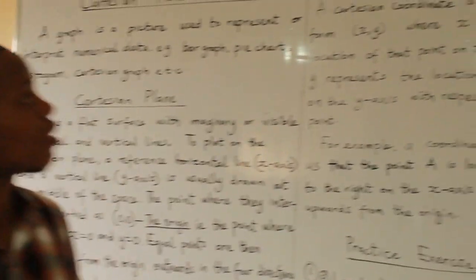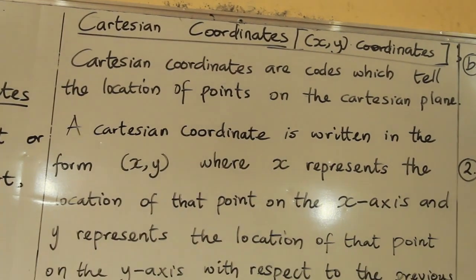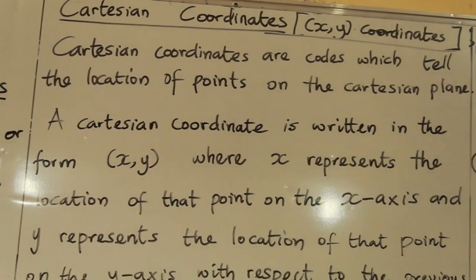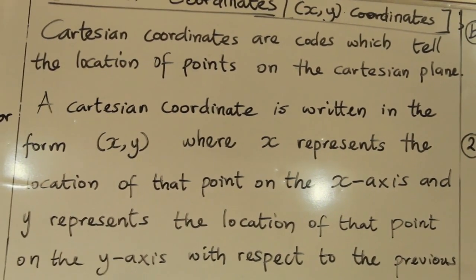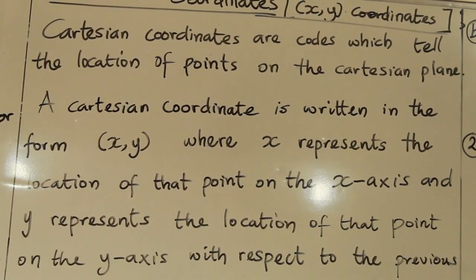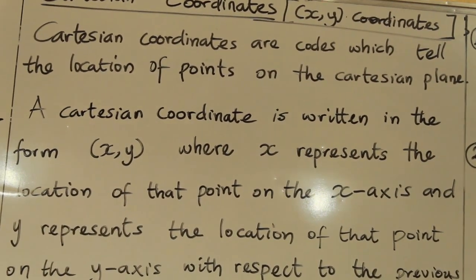Now, what are Cartesian coordinates? The Cartesian coordinates are codes which tell the location of points on the Cartesian plane.